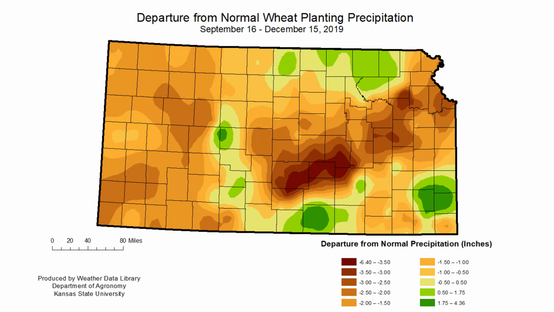For part of central Kansas and southwest Kansas, as much as 3 to 6 inches behind normal. So although we attained some decent stands throughout the state, there were parts of the state in which the stand establishment was really not optimal.